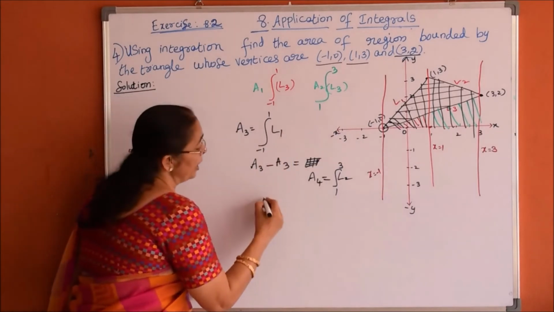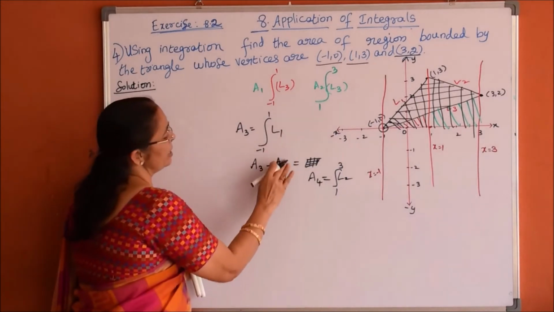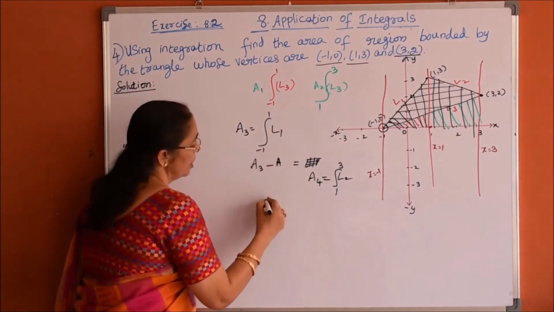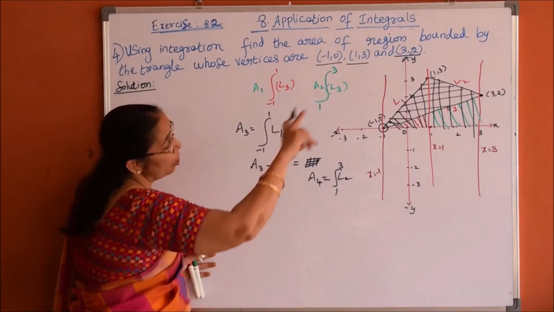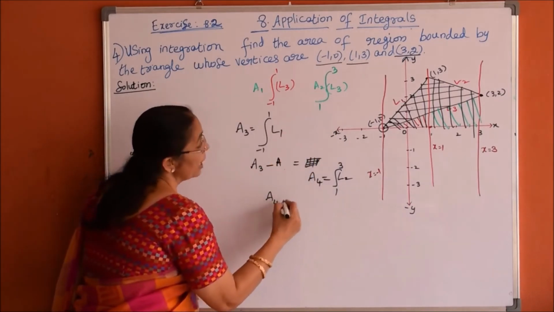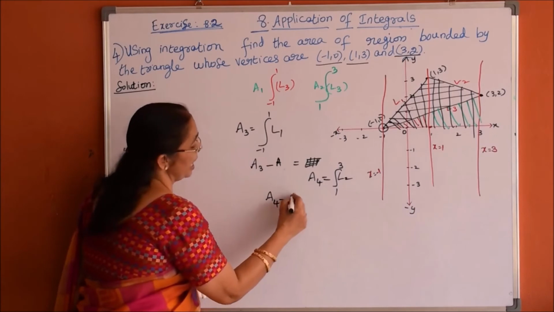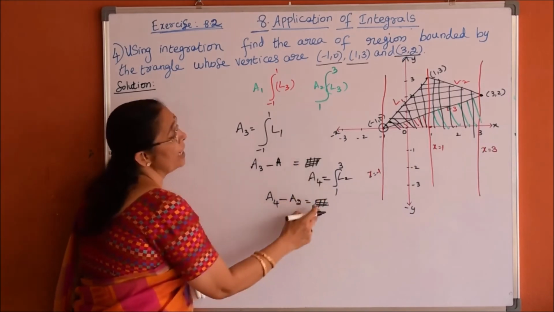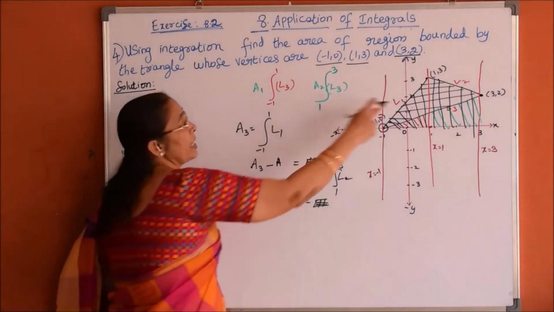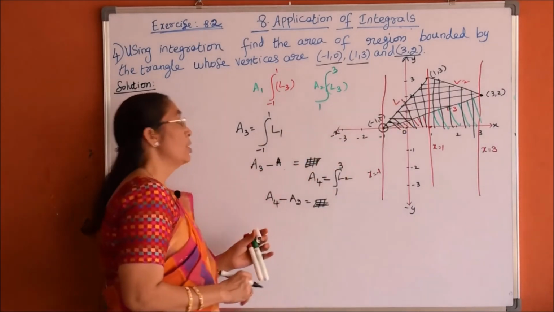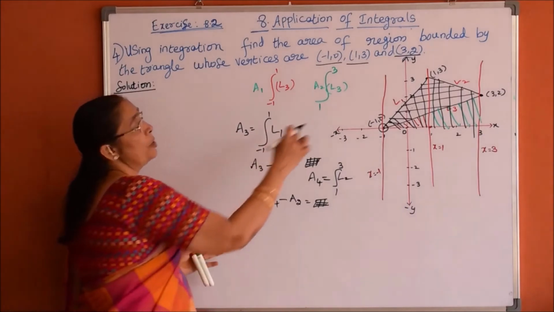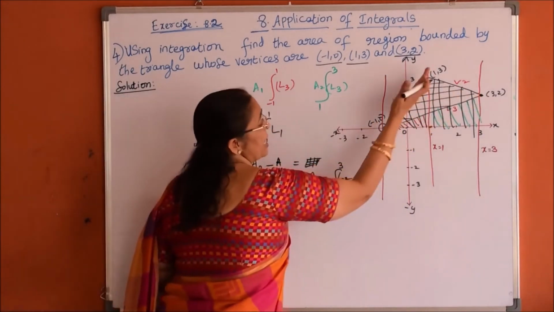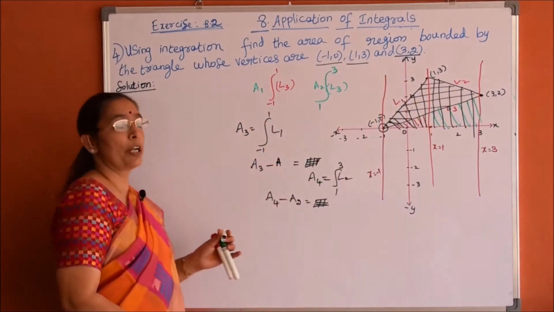Again, the whole area is A4, so A4 minus A2. And when we add these two areas, we get the required area. Fine. So, first we have to find out the straight line equations with the help of the 2-point formula.